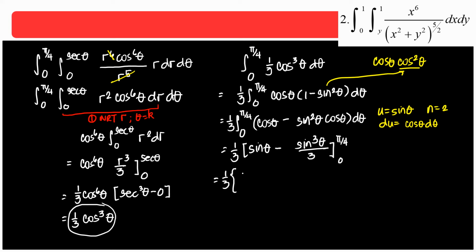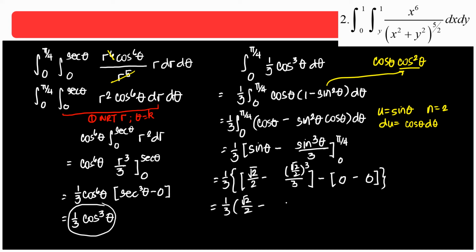1/3. Sine of pi over 4 is the square root of 2 over 2 minus square root of 2 over 2 cubed over 3, minus sine of 0 is 0. Sine cubed of 0 is 0. So this is simply 1/3 of square root of 2 over 2 minus this one would be 2 square root of 2 over 8 times 3.